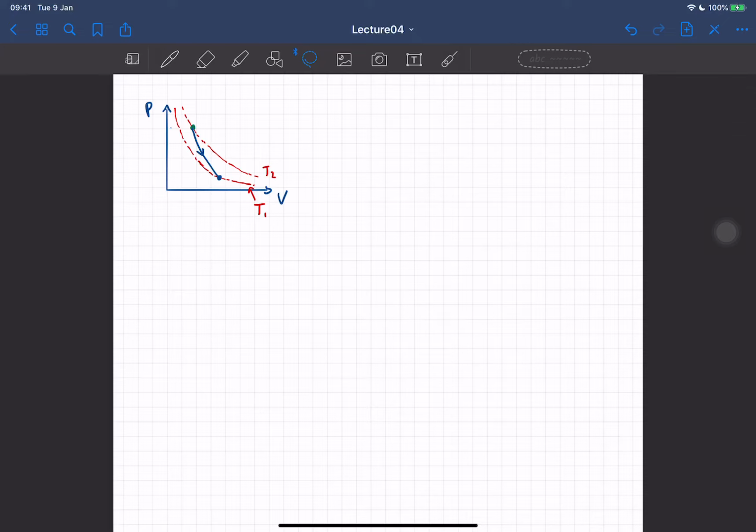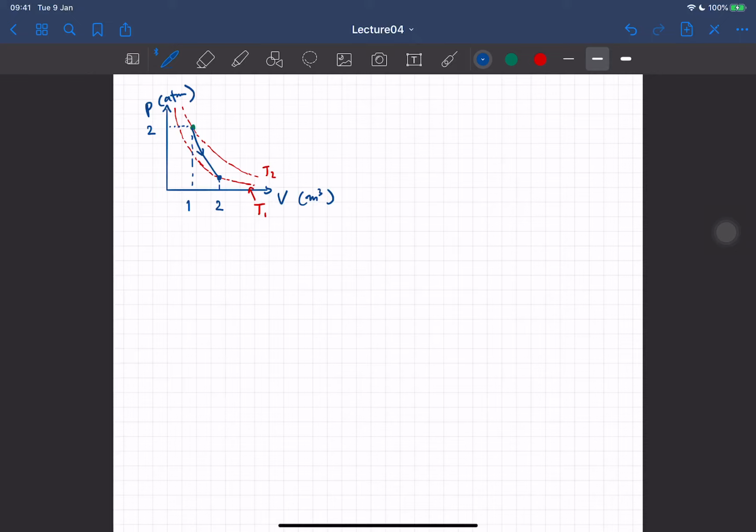Let's say we start at the pressure up here, which is 2 atm, and the initial volume is 1 cubic meter. Let's say you follow this adiabatic process and you end up at the place where the volume doubles.